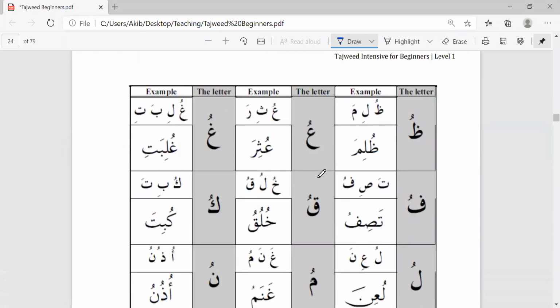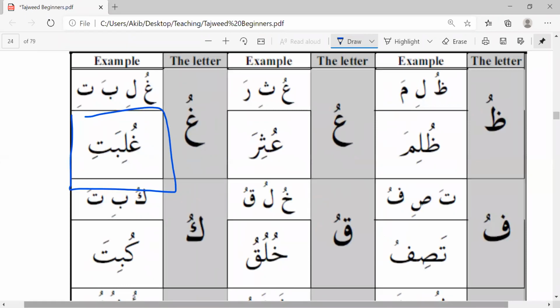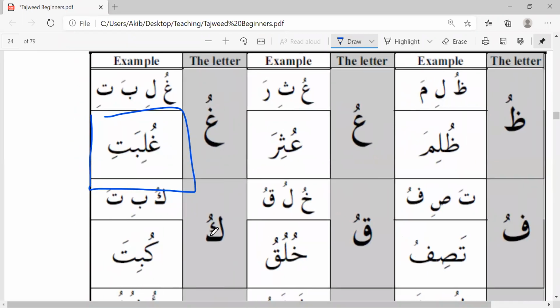We'll try one more. There are a lot of good choices here. Try this one here. So the heavy letters are, that's Ghain, and yeah, that's it.